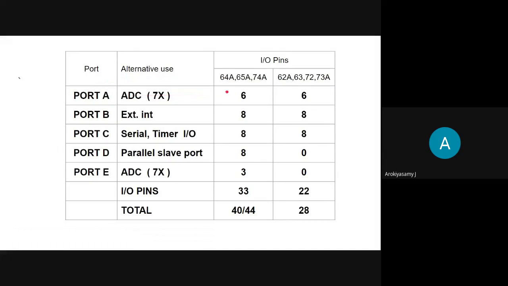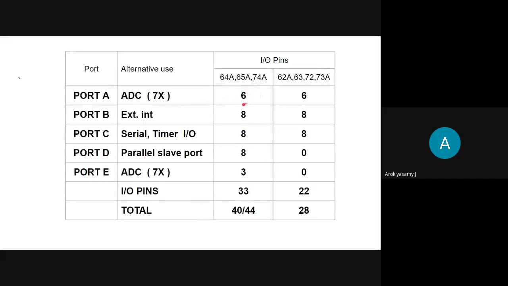The same 6 pins of port A are also used for ADC functionality, analog to digital function. It is only available in the 7X series. So these are dual functions. These 6 pins are multiplexed.